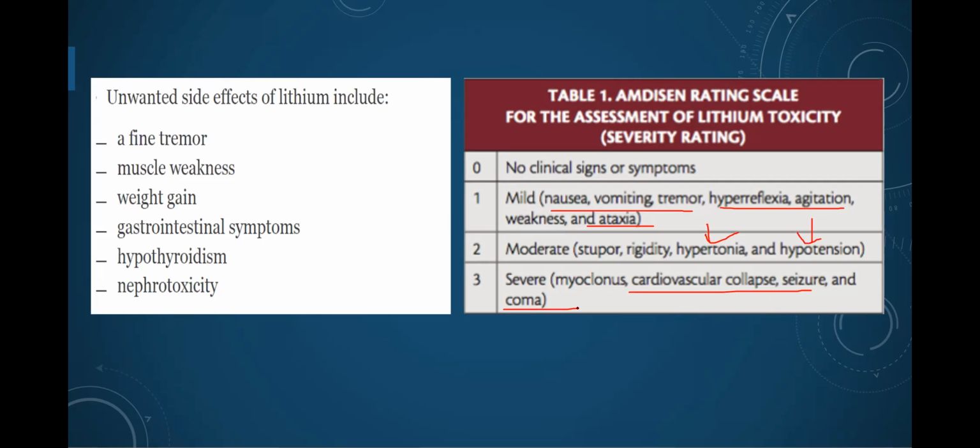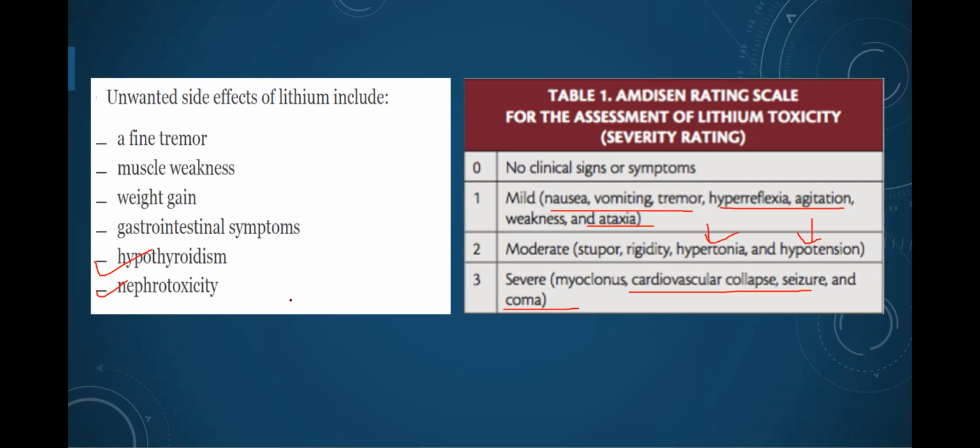The main features of lithium toxicity are nausea, vomiting, tremor, muscle weakness. Lithium can cause kidney failure, and a very important complication of lithium is nephrogenic diabetes insipidus. It causes nephrotoxicity, nephrogenic diabetes insipidus, and it also causes hypothyroidism. These are common and important complications you should remember.